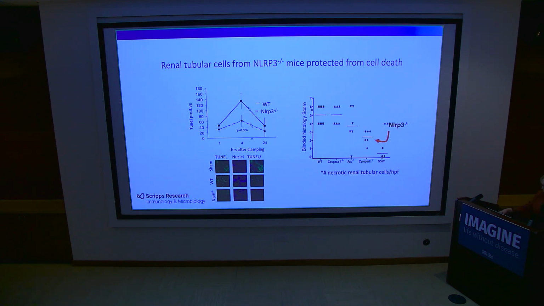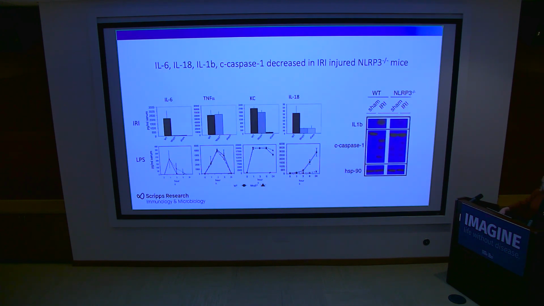All of our samples, we work closely with a renal pathologist who scores all of our stuff blindly, and it was really quite profound protection from renal tubular injury. There's less IL-6, IL-18, IL-1 beta, and all of this was decreased in the NLRP3 knockout mice.